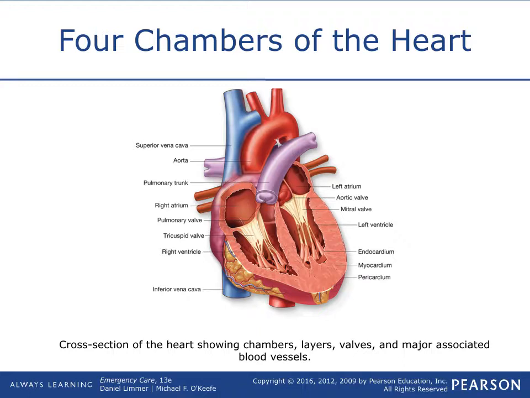So they snap shut, then the contraction pushes the blood to cause them to open, and all that blood flows where it needs to flow from there. Through the anatomy, you're going to have to know the pulmonary valve, the right atrium, the aorta, the inferior vena cava, and the pericardium.